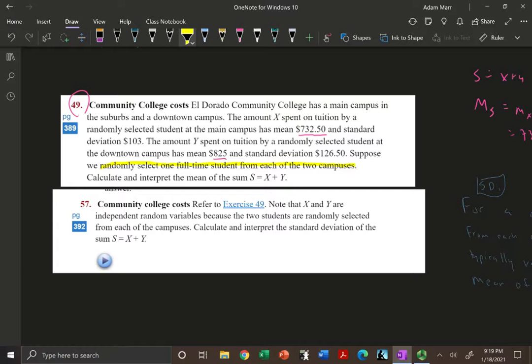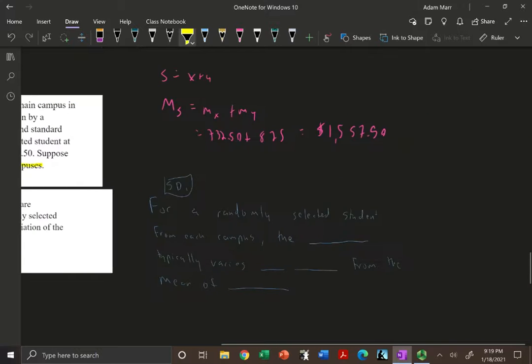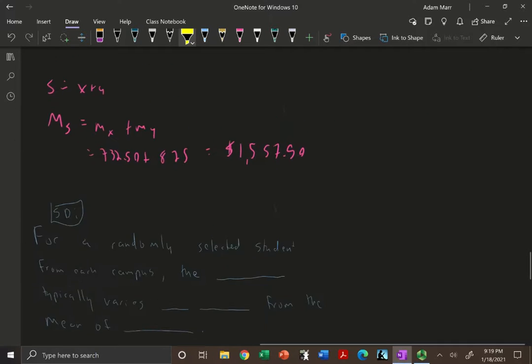So we're going to say, for many randomly selected full-time pairs of students from each of the two campuses, the average sum of their tuition is $1,557.50. Let me do the interpretation right here.